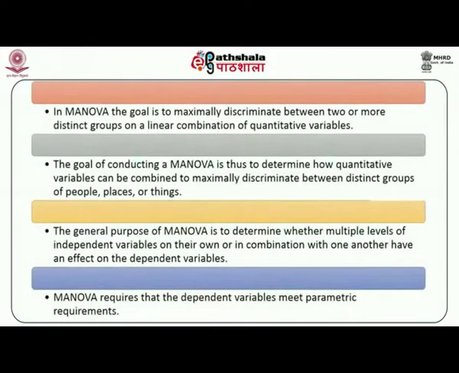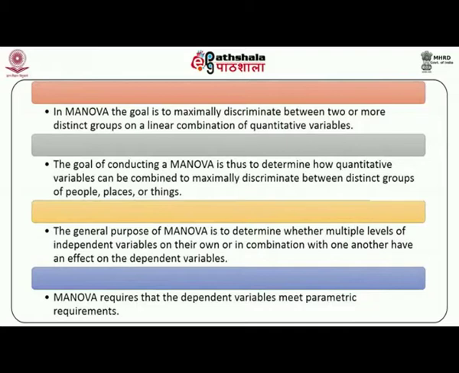In MANOVA, the goal is to maximally discriminate between two or more distinct groups on a linear combination of quantitative variables. The goal of conducting a MANOVA is thus to determine how quantitative variables can be combined to maximally discriminate between distinct groups of people, places or things.